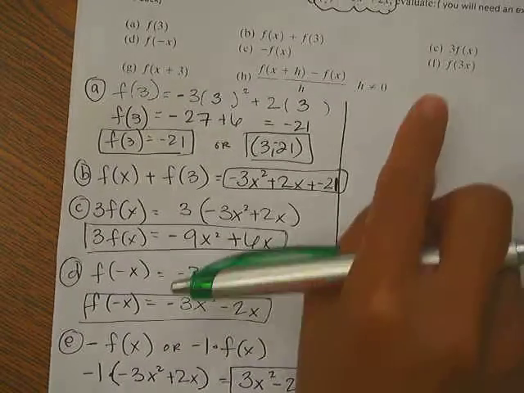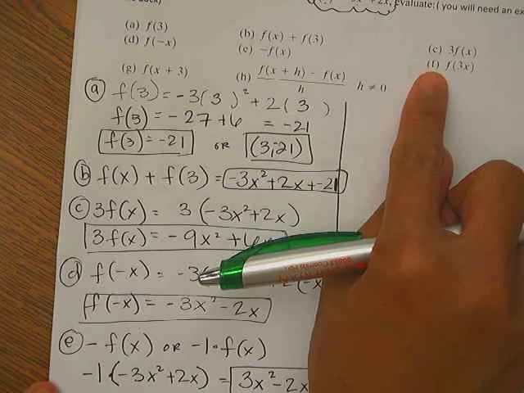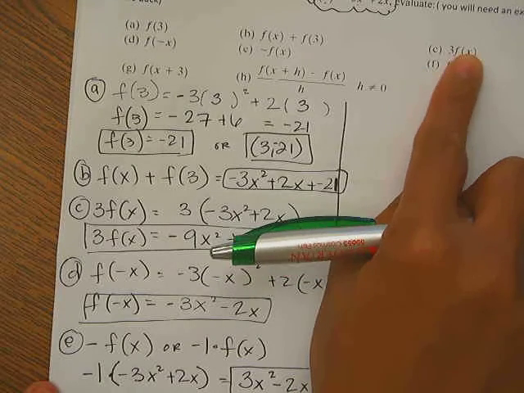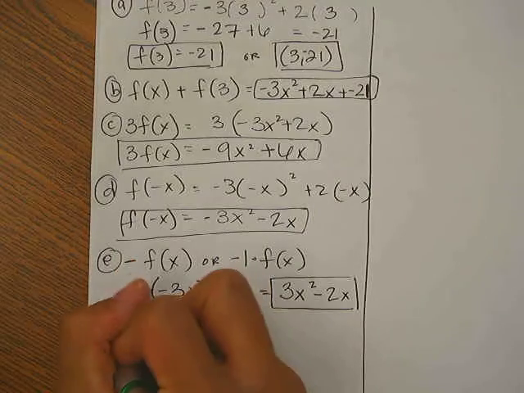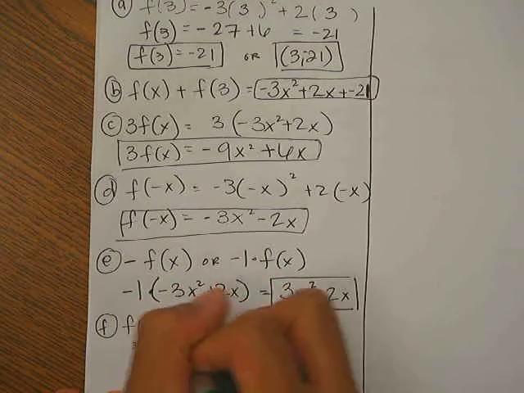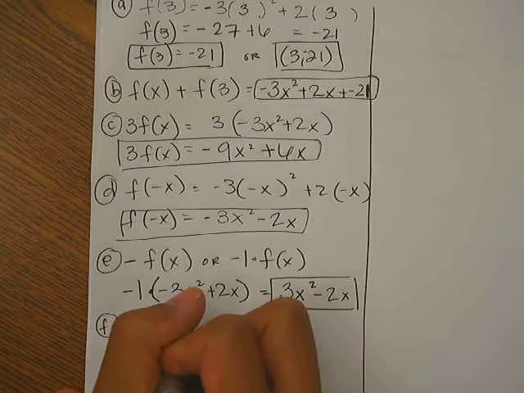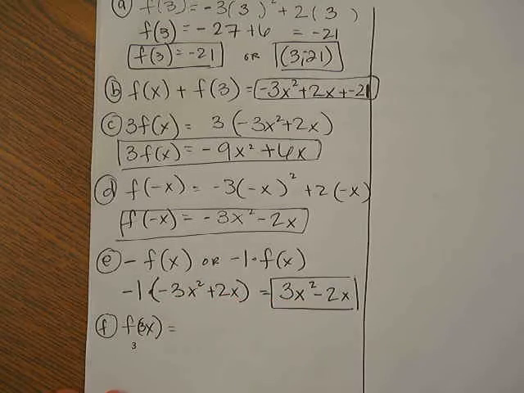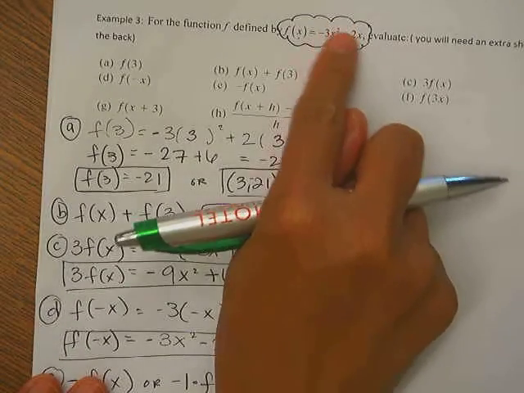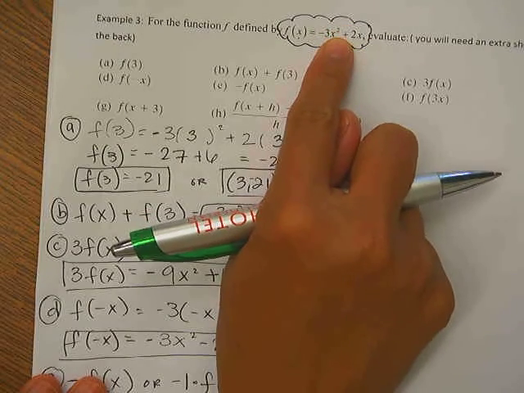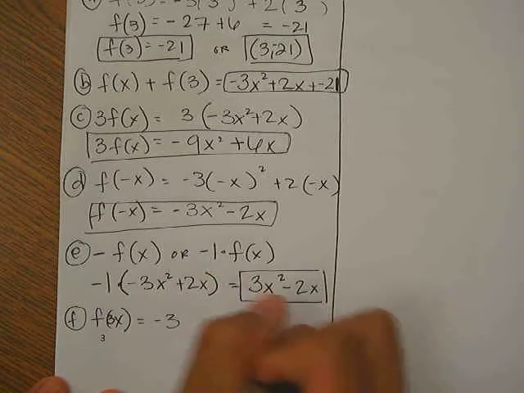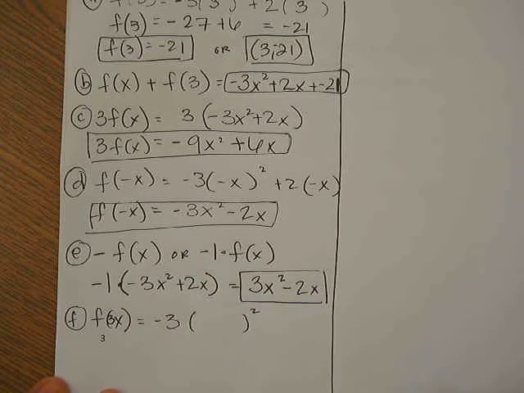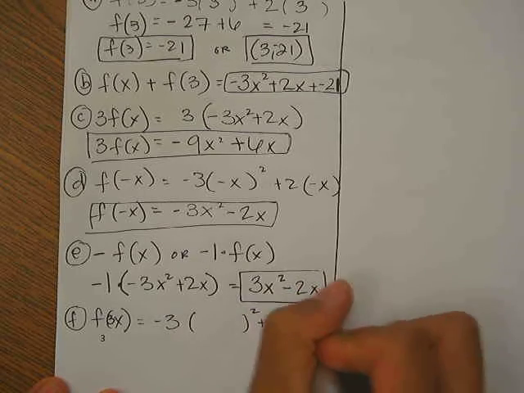Next, I'm asking you to find f of 3x. Every time you see an x, you are going to substitute it with 3x. So here we go. F of 3x equals. Now I'm going to write these two terms right here and leave blank spaces for the x. So I have a negative 3 and an x squared, then a positive 2 and then another x.